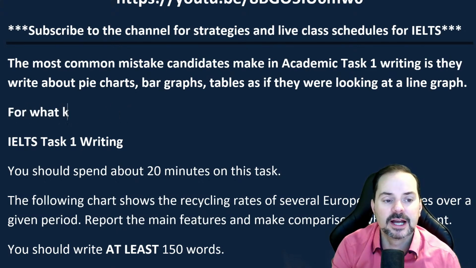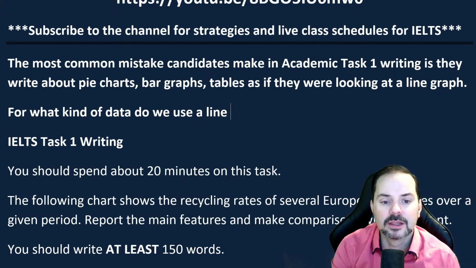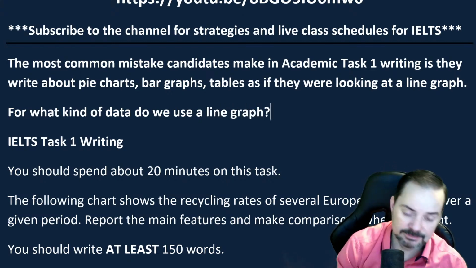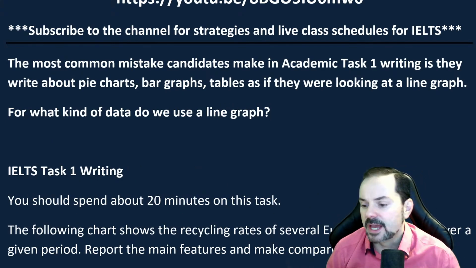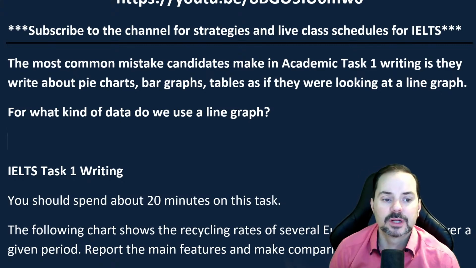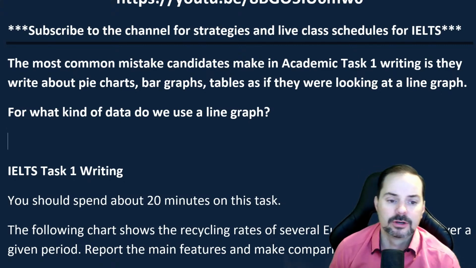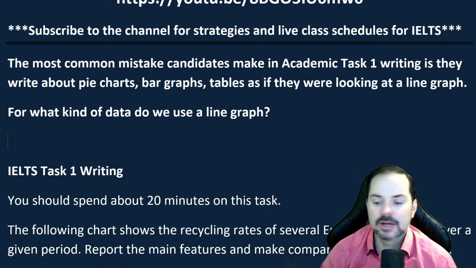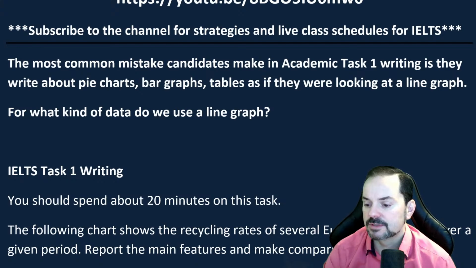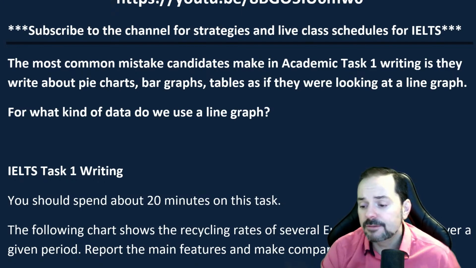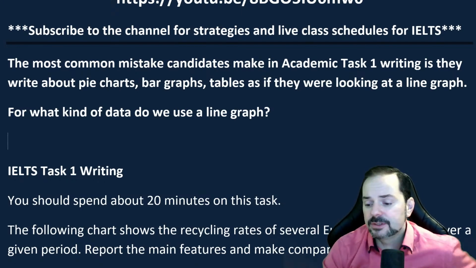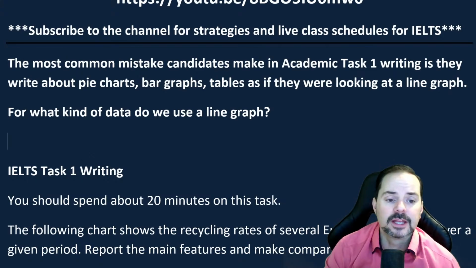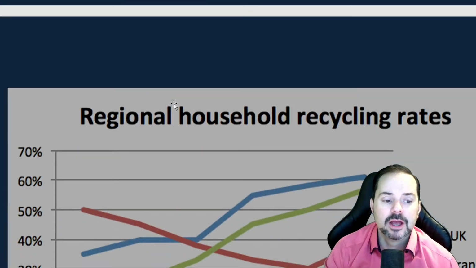For what kind of data do we use a line graph? Okay. Who knows the answer to that? So Joao says to show the changes of something over a given time span. Often it is, Joao, you're right. Often it's a time span.